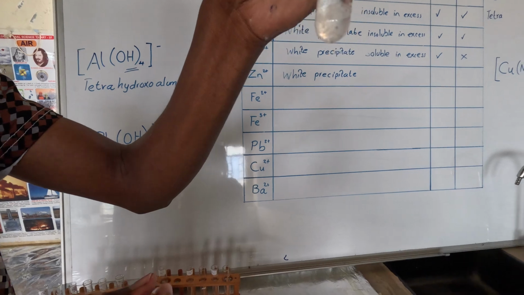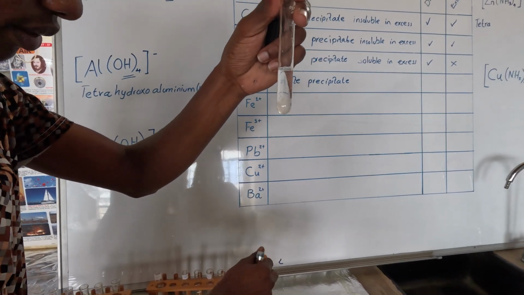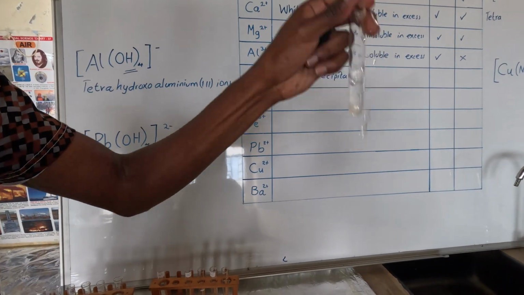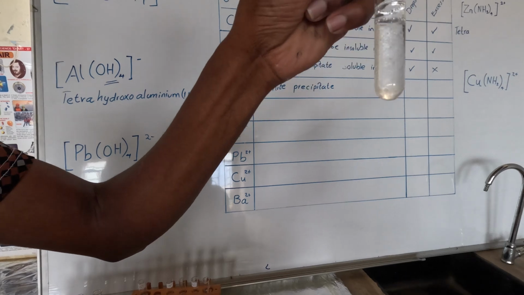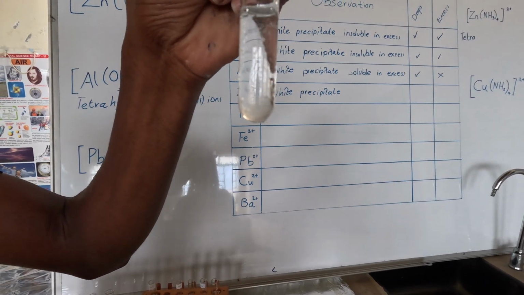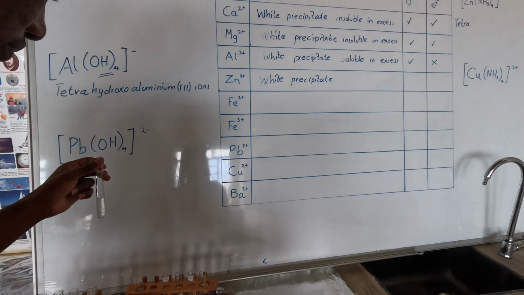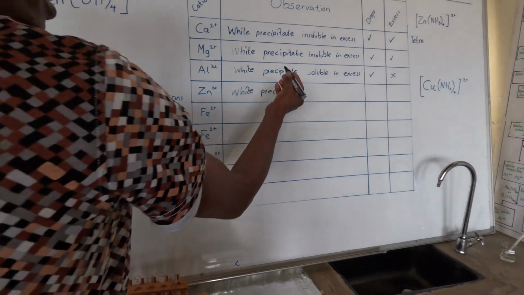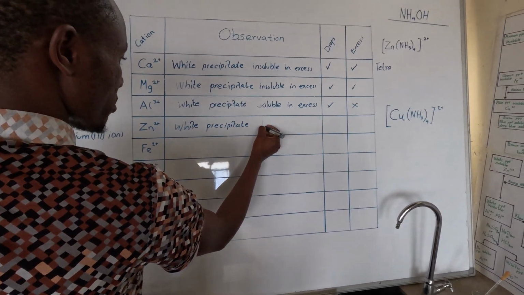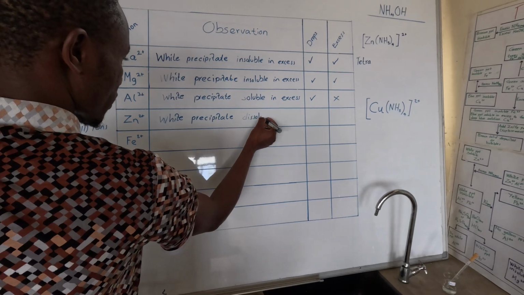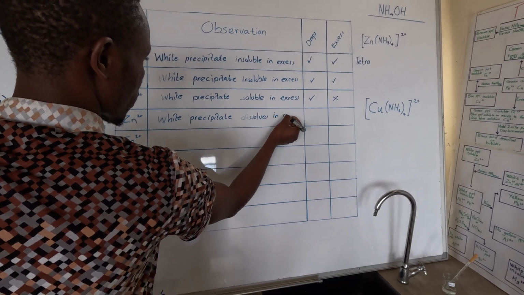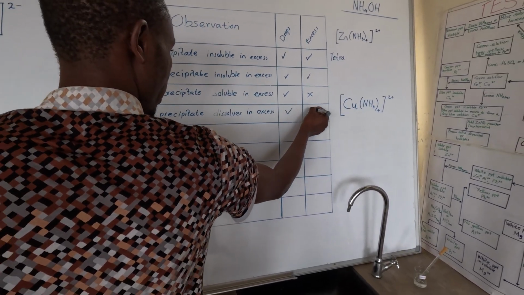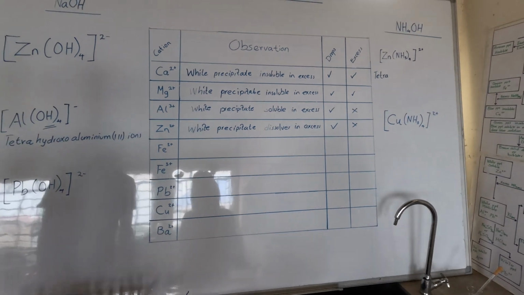So what is happening? The precipitate is dissolving. I want it to be clear to you, you can see it is disappearing. So again, we say white precipitate, either you can say soluble or dissolves in excess. So again, a tick and a cross. Why does it dissolve in excess?